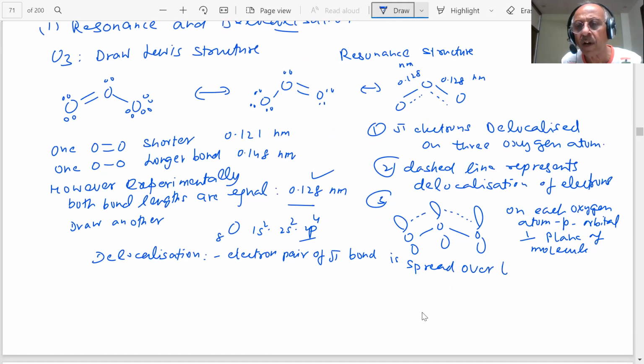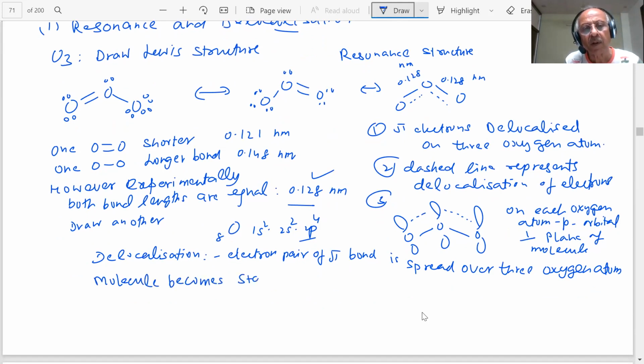Over three oxygen atoms. And whenever these electrons are delocalized, students, the molecule becomes more stable. So one thing is important that we are trying to say, this was my fourth point.